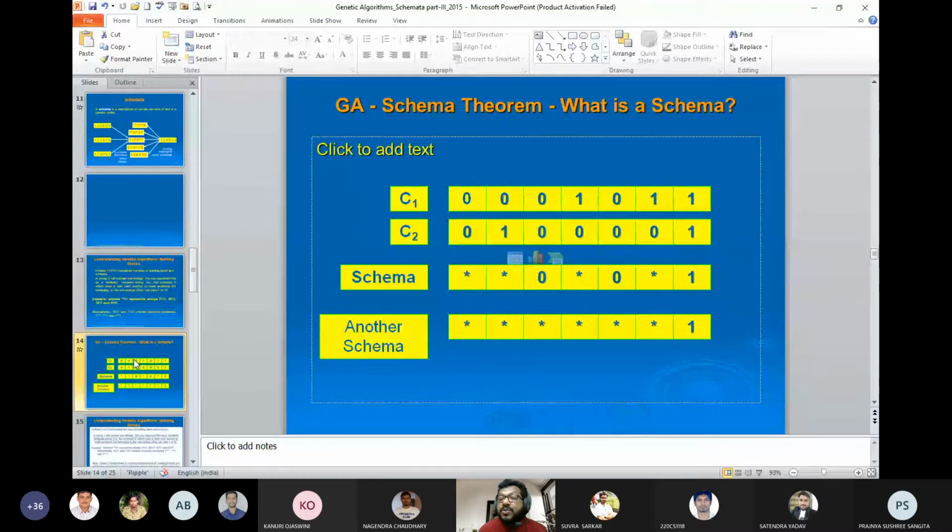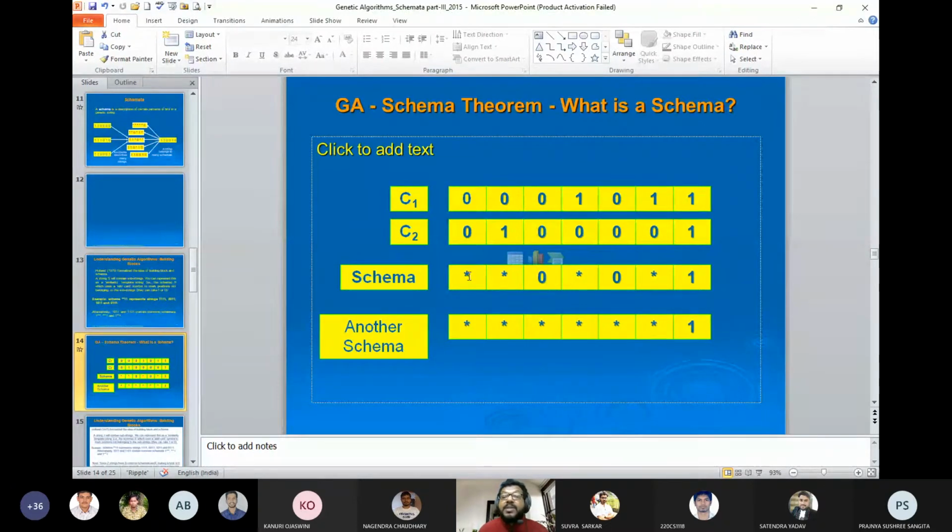This is 0 0 0, this is 1 1 1. Here I can select this to be anything, either 0 or 1. Can I fix it to 0? The answer is yes. This is just to explain that two individuals can be fitted into multiple schemata.